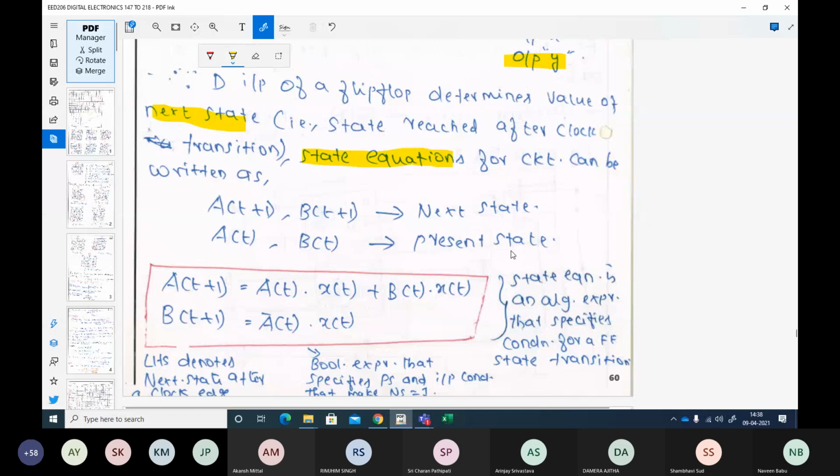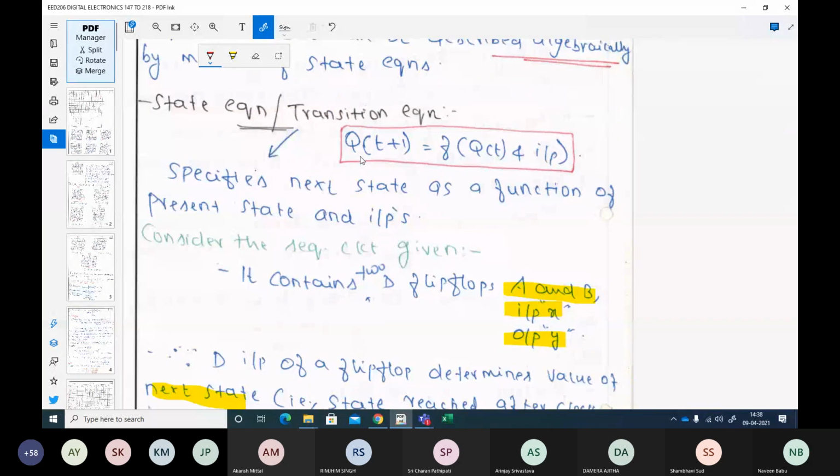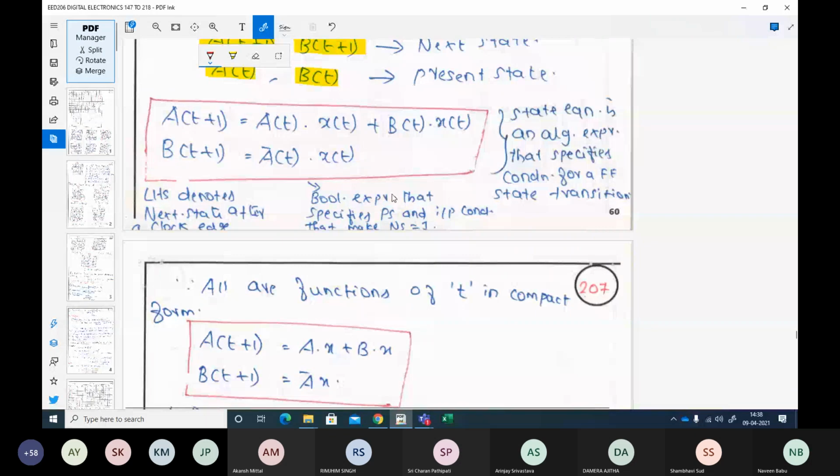Always we will write the state equation. I just explained what a state equation or transition equation is. A state equation describes the next state in terms of the present state and your input. So for the diagram I just showed you, your state equation will be A of t plus 1, which is a next state, and B of t plus 1, which is a next state, as a function of the present state A of t and B of t, or at times a combination of anything, A bar also, along with the input X of t.